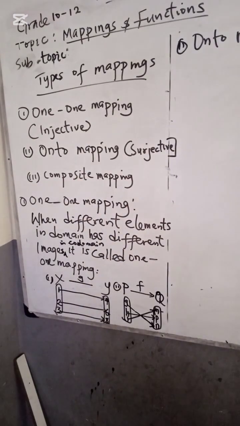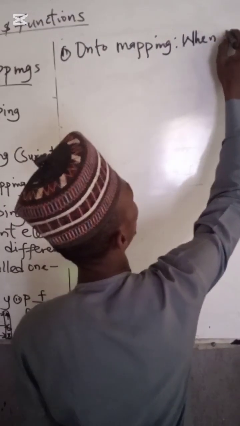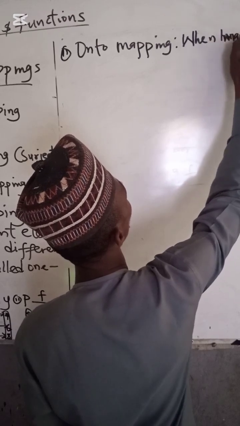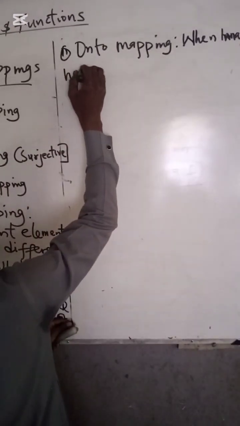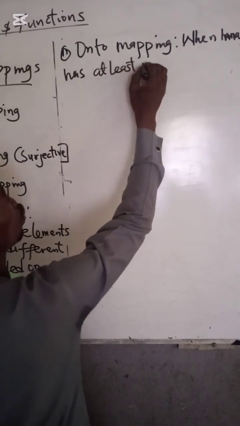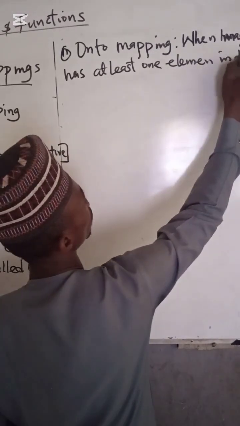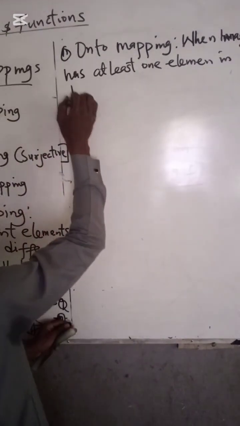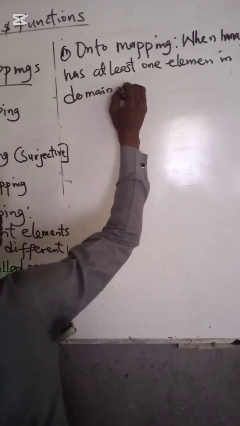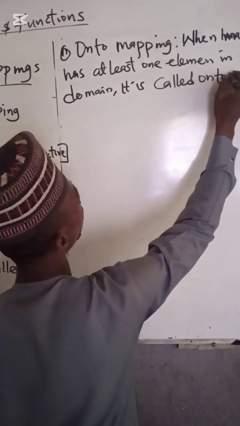When every image has at least one element in the domain, it is called onto mapping.